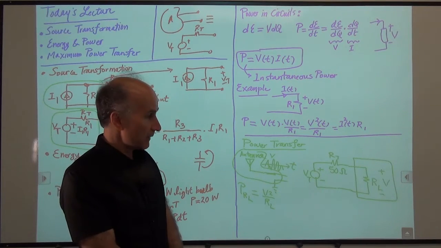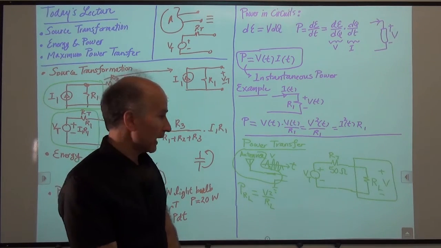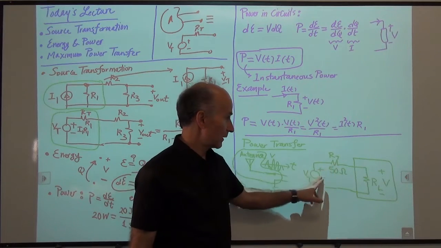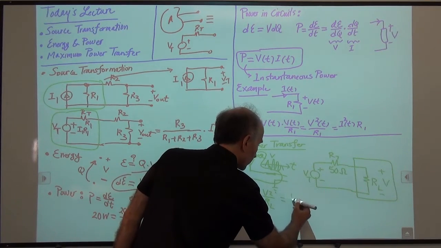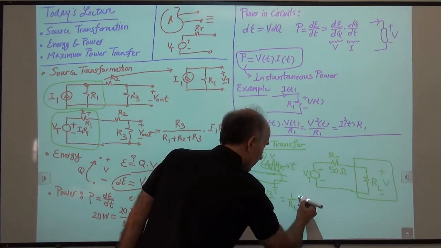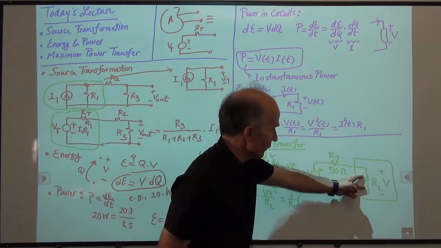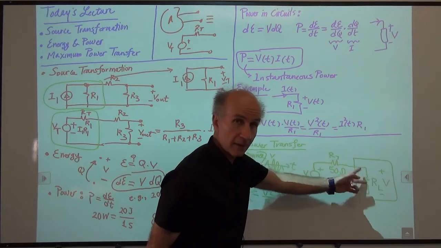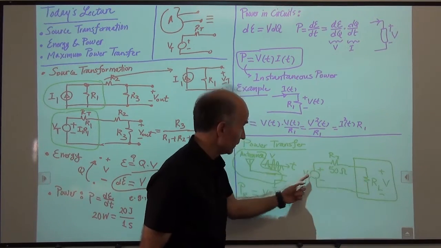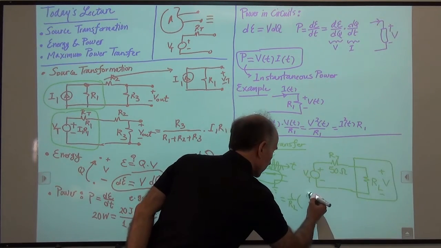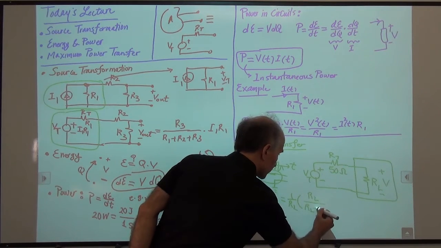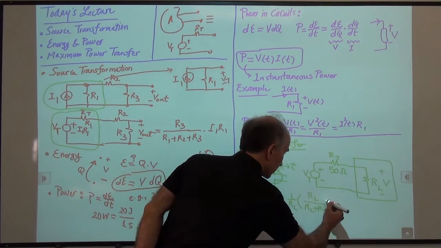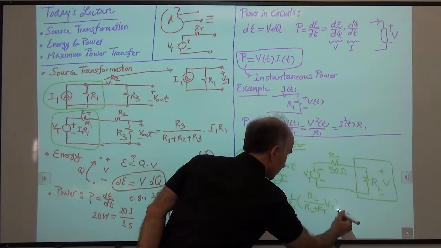Okay, how much is V? V can be found in terms of these guys, right? It's a voltage divider. So this voltage is given by this resistance divided by the sum of the two times this voltage. So it's RL over RL plus RT times VT, squared.